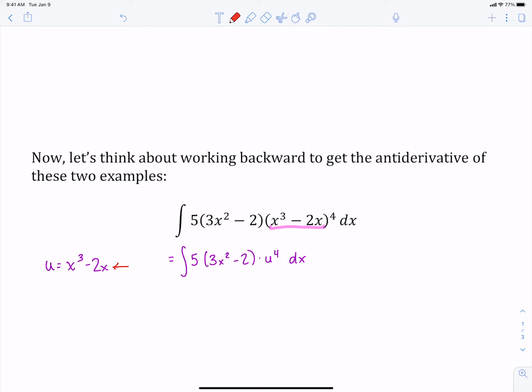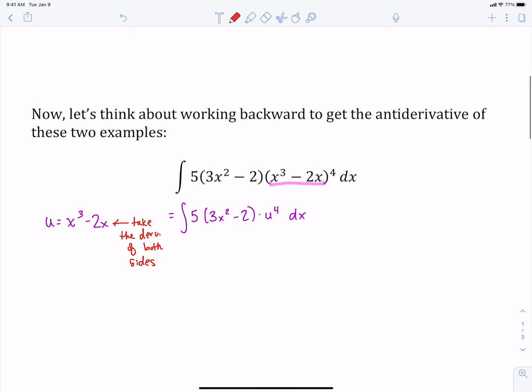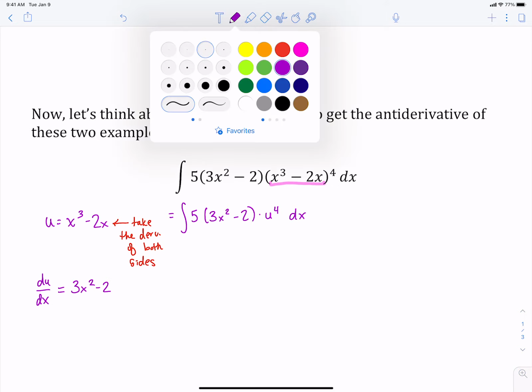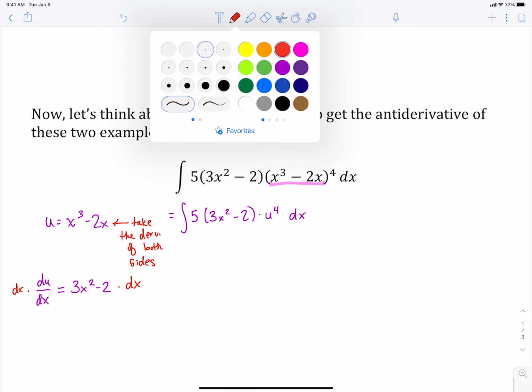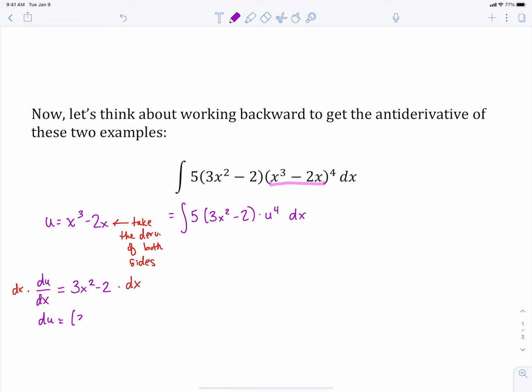If we take the derivative of both sides, on our left-hand side, we get du dx, and on the right-hand side, we get 3x squared minus 2. Something we can do, which again feels like a bit of a trick, but it's not, is multiply both sides by dx. And we get du is equal to 3x squared minus 2 dx.